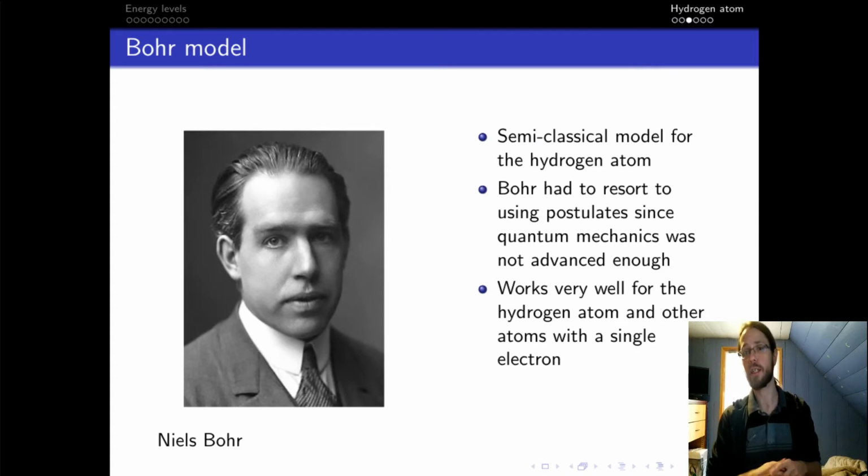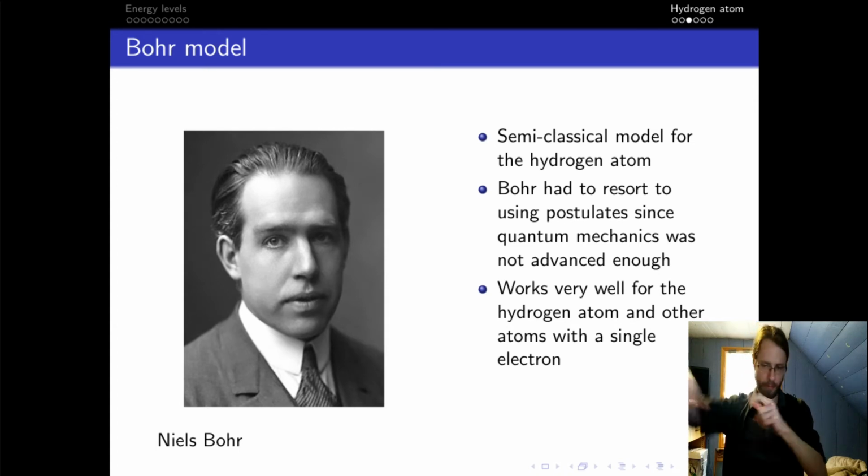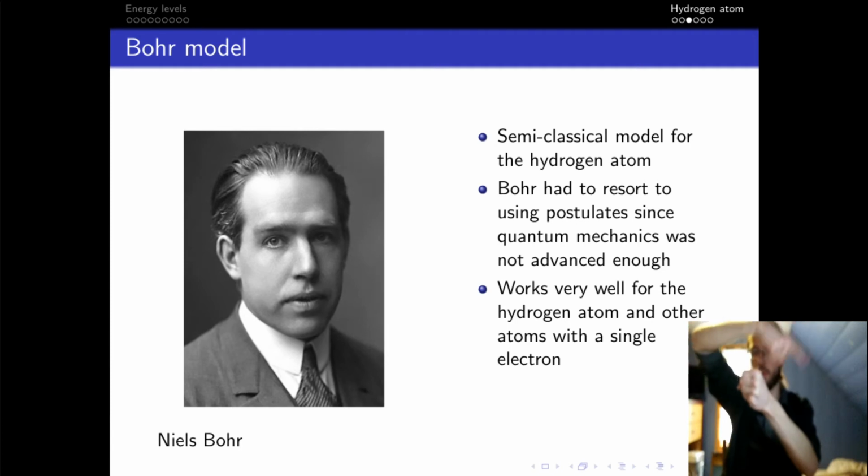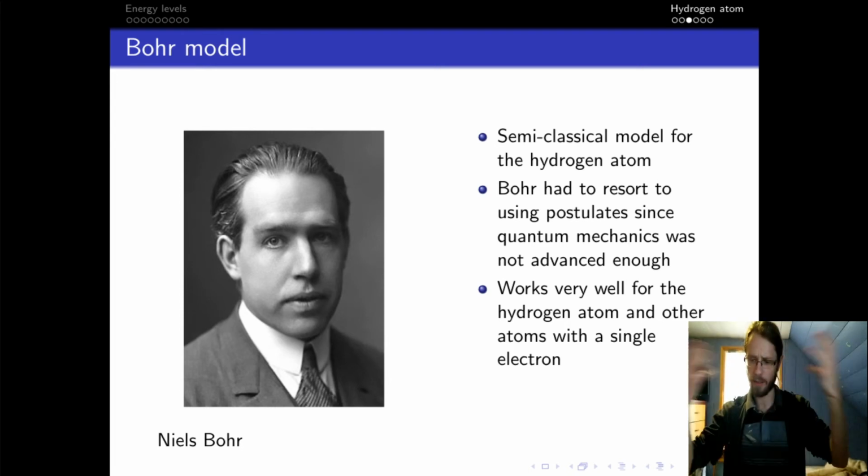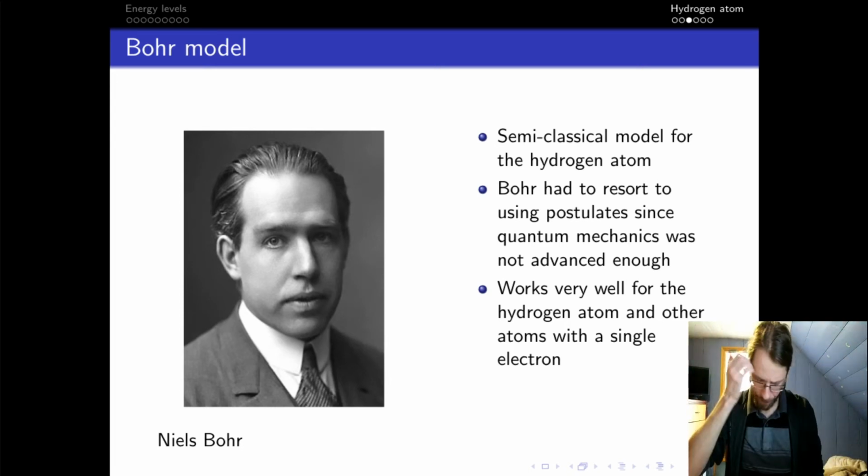This was a huge contradiction with the electromagnetic theory that said that whenever a charged particle was under acceleration, and a particle going in a circle is under constant acceleration towards the center of the circle, it emitted light. It emitted energy.